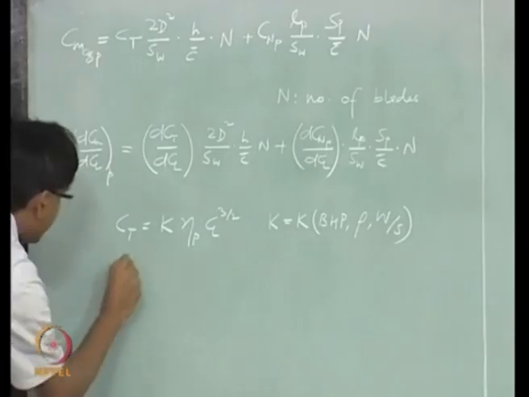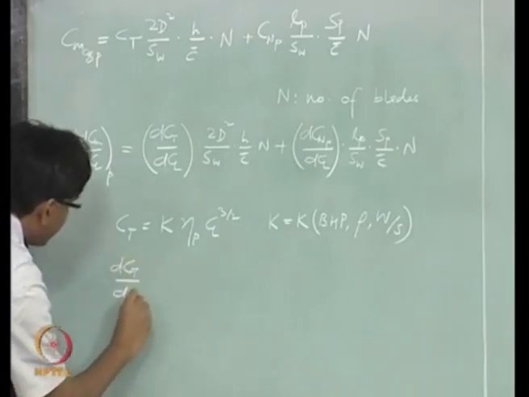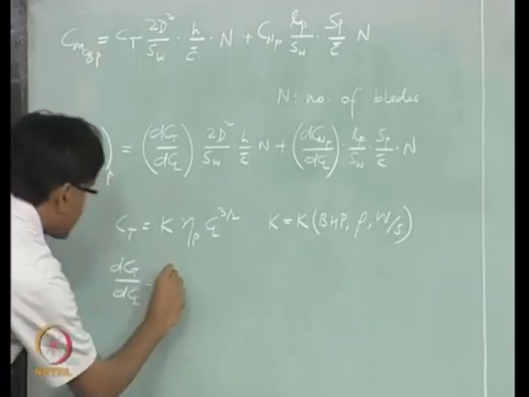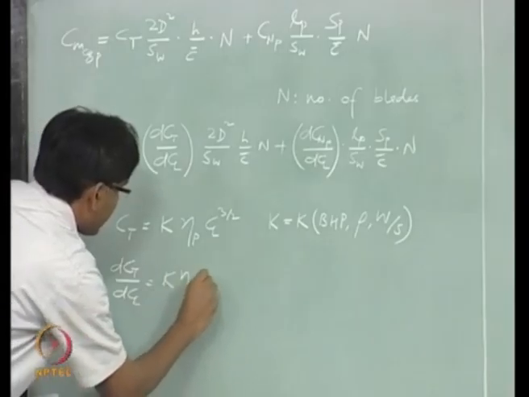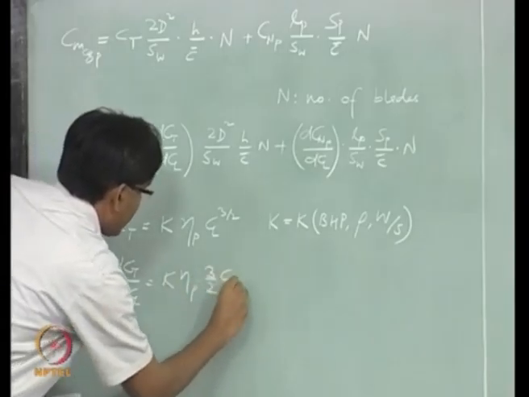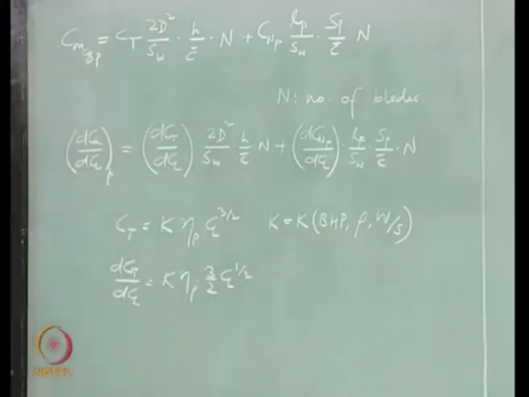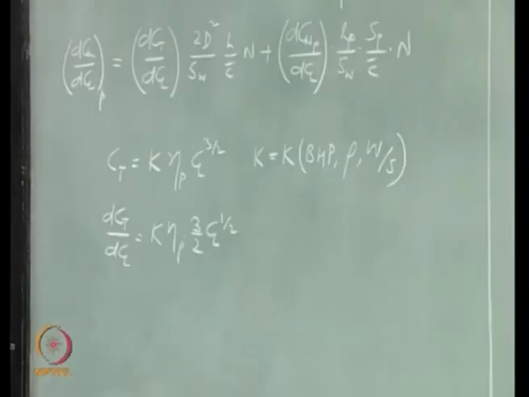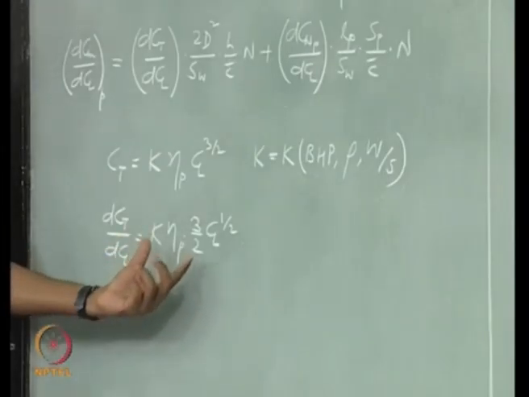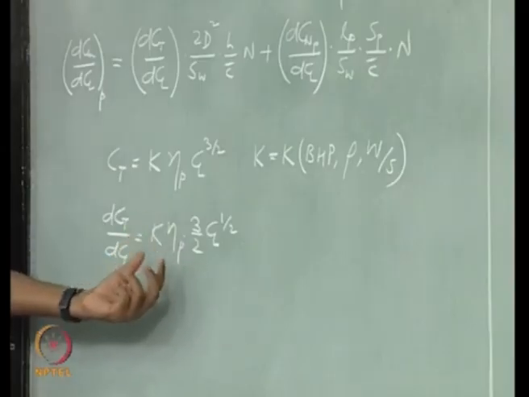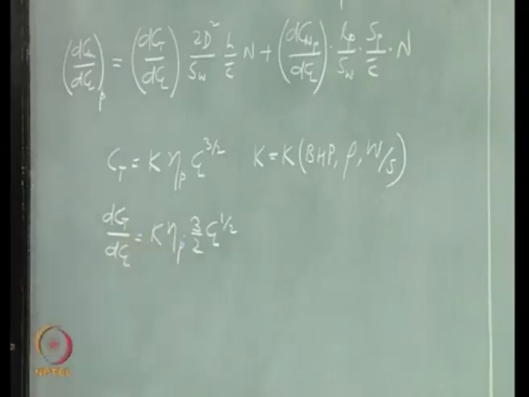So what is dCT over dCL? Right, everything here is positive. CL has to be positive, eta P is positive, K is positive.